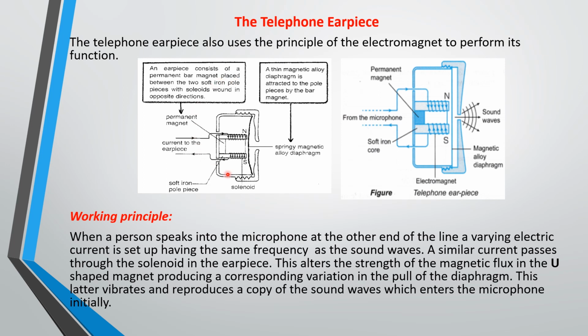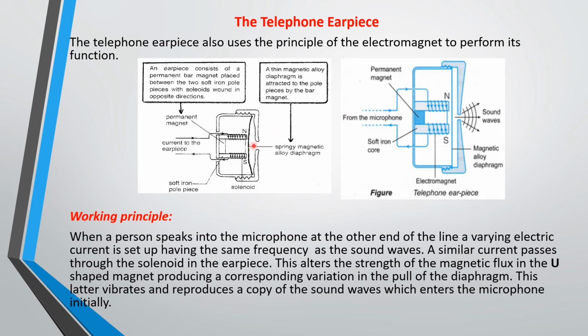So this is a picture of a telephone earpiece. This is another picture of it. Here you have the electromagnet. An electromagnet consists of a bar magnet placed between two soft iron pole pieces with solenoids wound in opposite directions. That's what you have here.